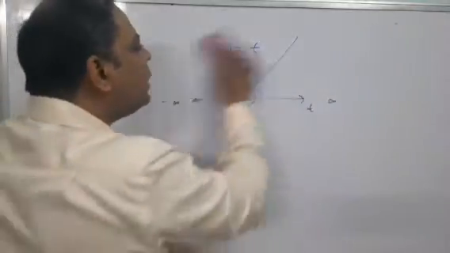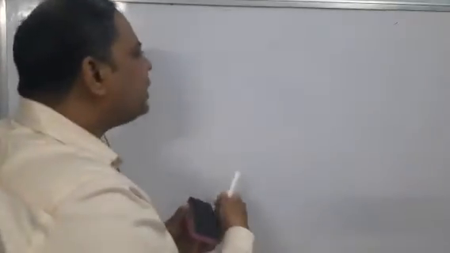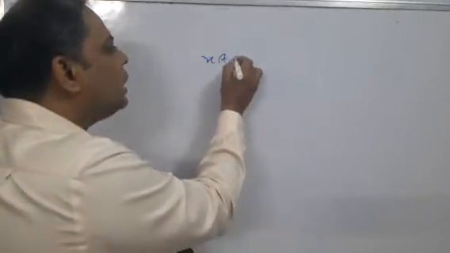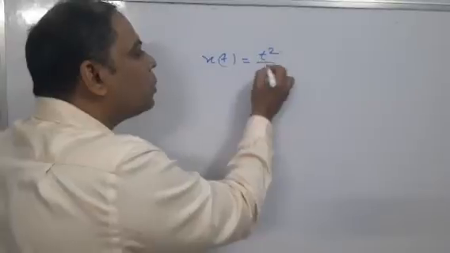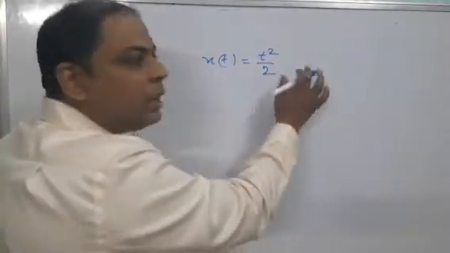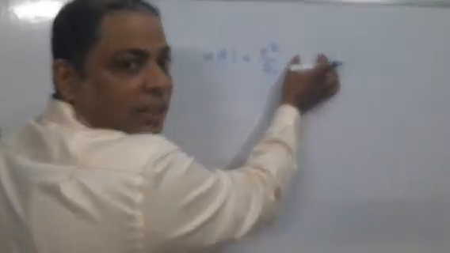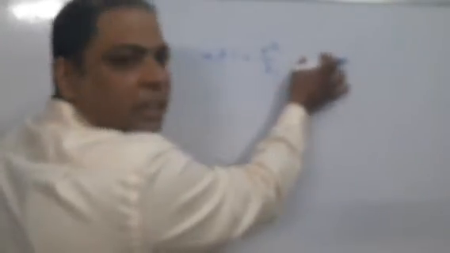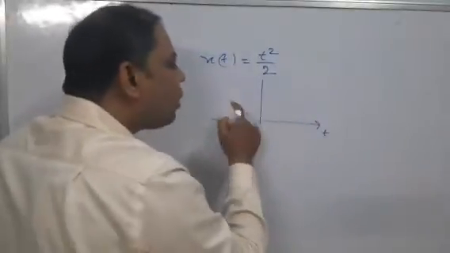Now similarly, suppose another signal is given: x(t) is equal to t square by 2. It is a parabolic signal, but for all t. Nothing is mentioned for t, so you have to sketch for all t. So it is parabolic for all time.